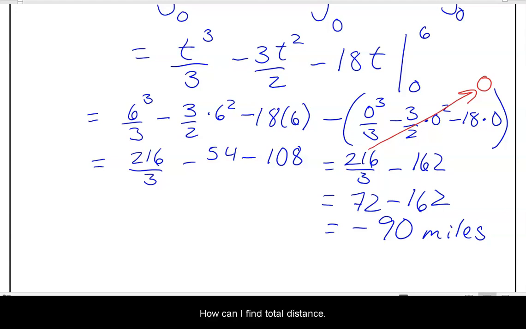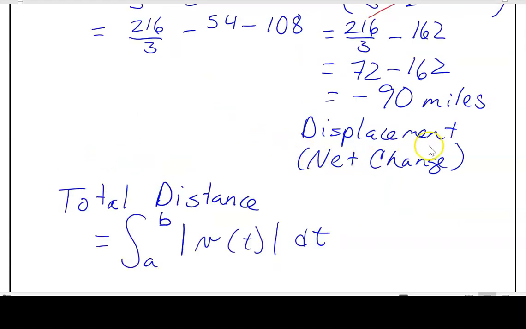How could I find total distance? Instead of finding the displacement as we did here, now we want to find the total distance. To find total distance, you must strip off the north-south part of your equation. Stripping that off means stripping off the sign, which means taking the absolute value of the integrand before you integrate.